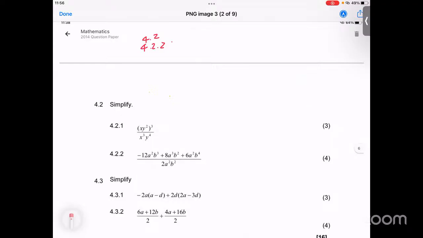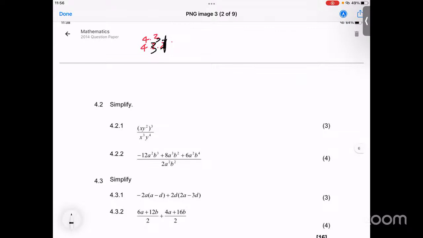Remove. Okay, let's see. So now we are on 4.3.1. So we are now starting with something completely different.